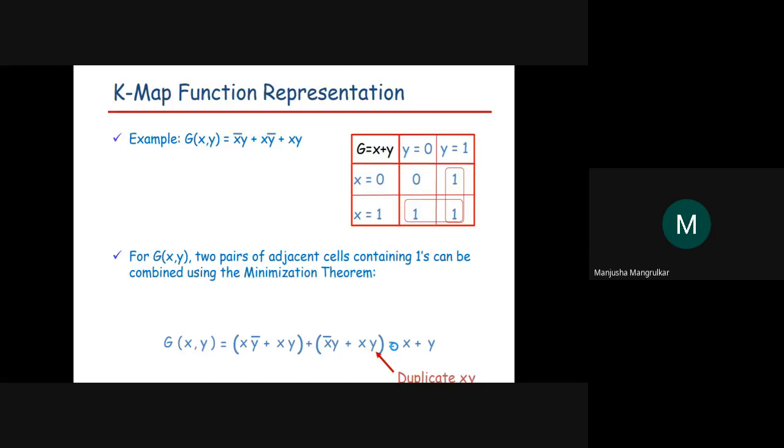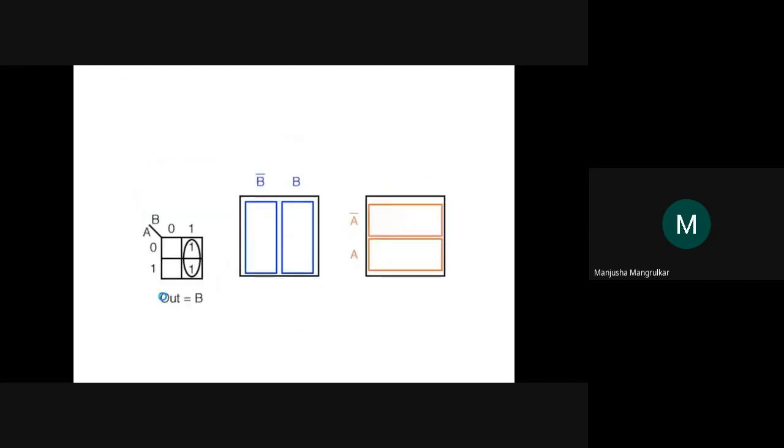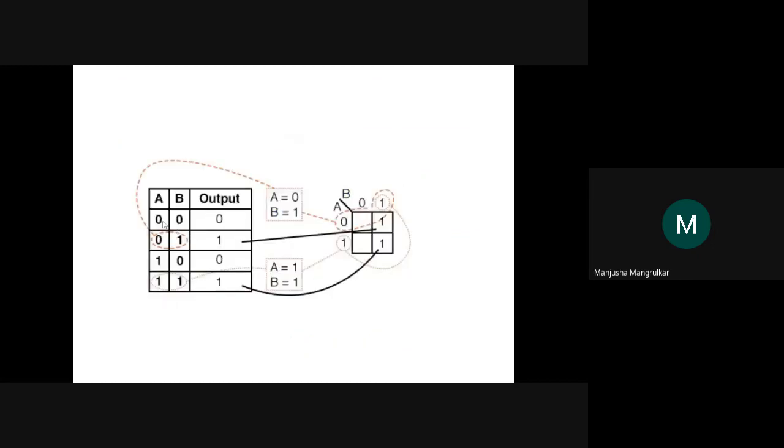Now the next concept is how we will do the grouping, right? Suppose we take only the two-variable K-map, with A and B. If our two-variable K-map is clear, then only we can go for the three-variable K-map. Now suppose this is the truth table, right? 00 gives 0, 01 gives 1, 10 gives 0, 11 gives 1. These are the input conditions and this is the output.